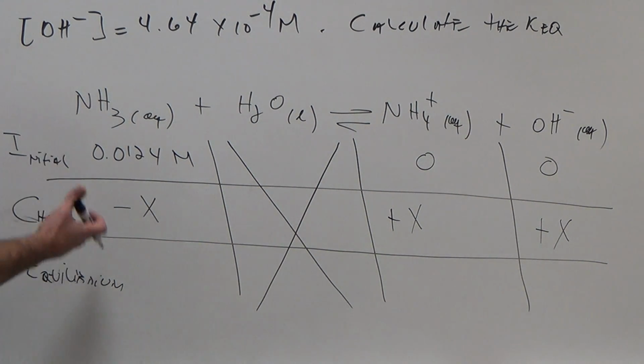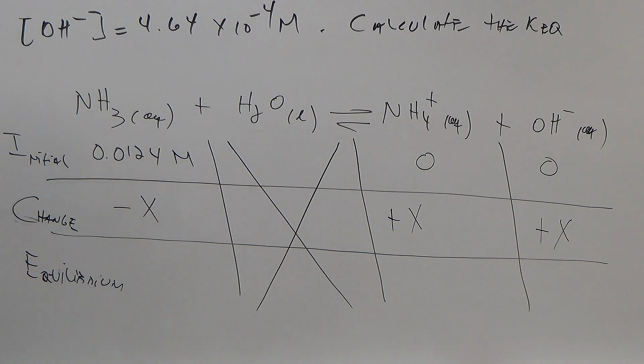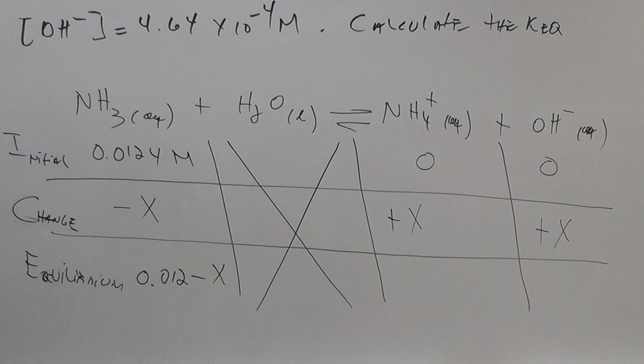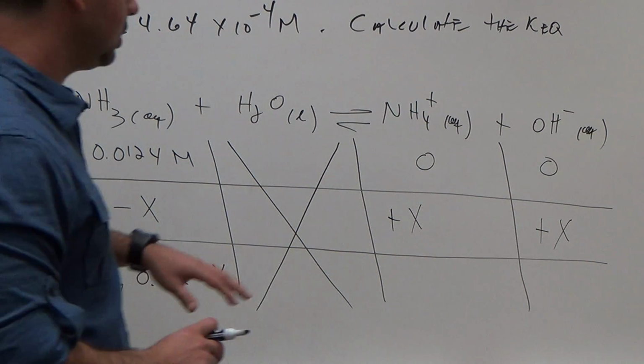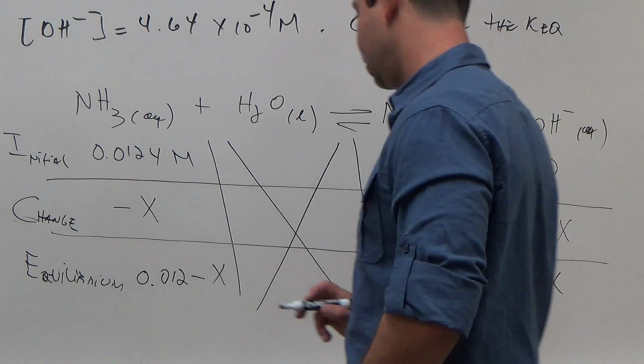Now, at equilibrium, what you are going to have is this plus this, and write it down there. Yes or no? So you're going to have 0.012 minus x. What is it going to be on the other side? 0 plus x, which is just x. And here is 0 plus x, which is just x.